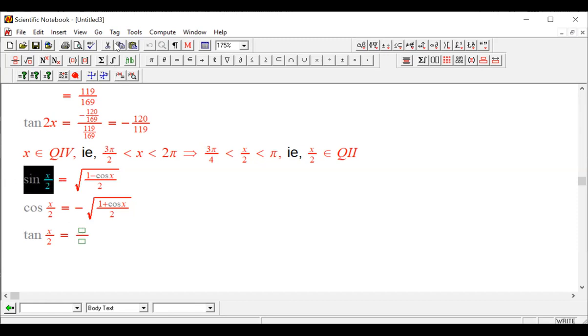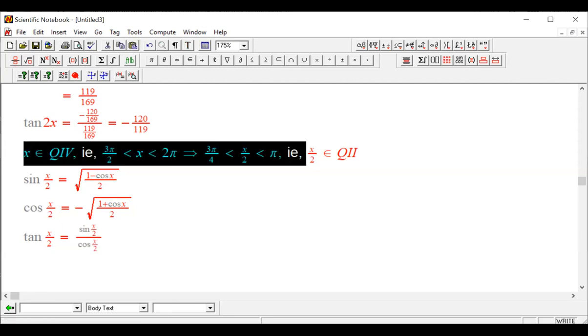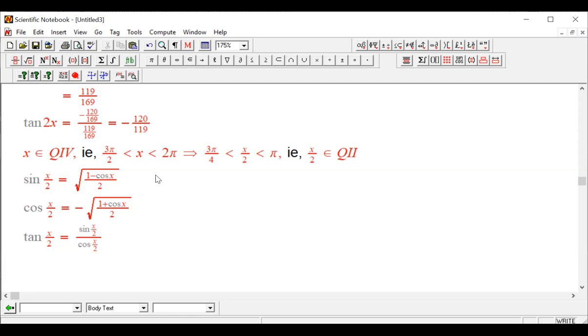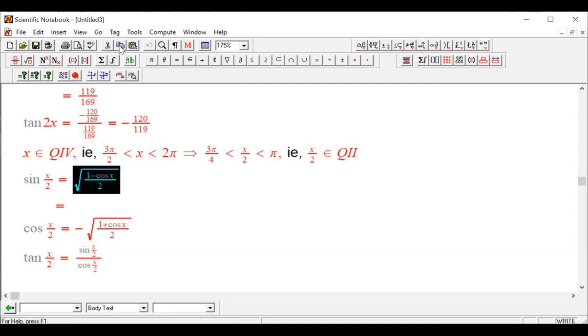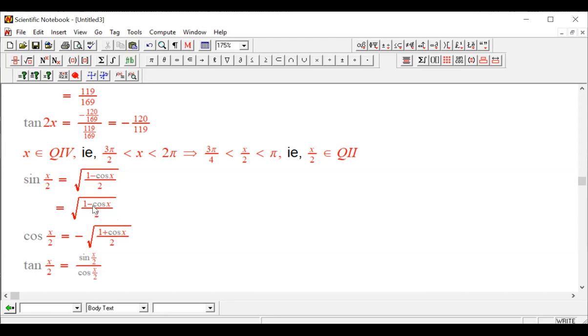So after all of these are found, it's just a matter of plugging in, right? This piece of work is to determine the sine. We anticipate this calculation is not going to be too bad.